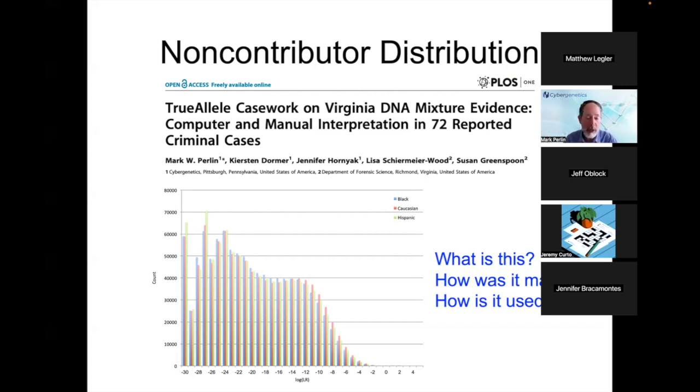That was a project that took people probably months. And the way it's used is to understand the specificity of the laboratory and its genotypes, mainly 2 and 3 contributor mixture genotypes, as well as to calculate error rates.